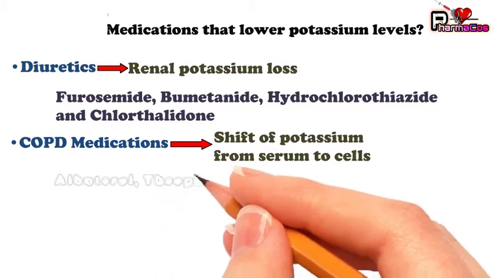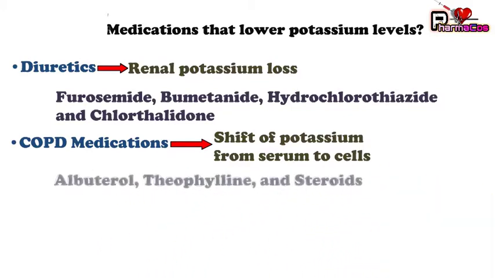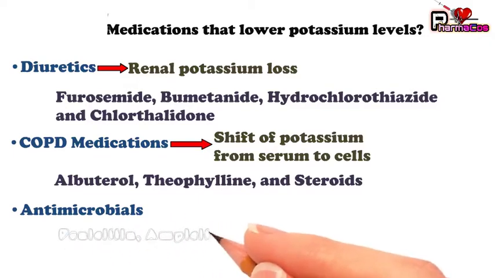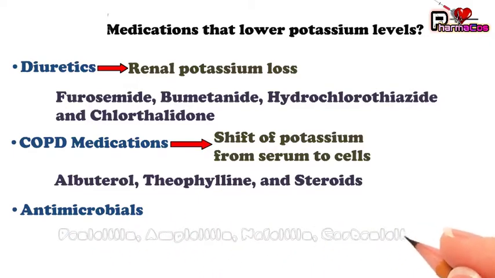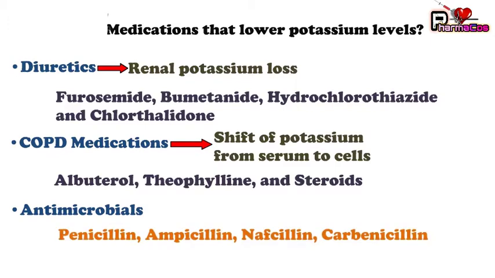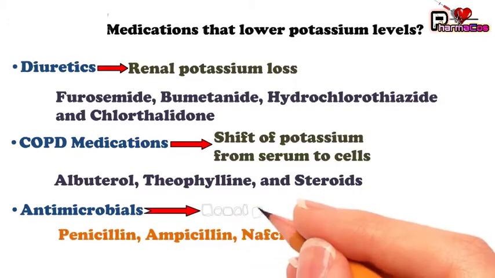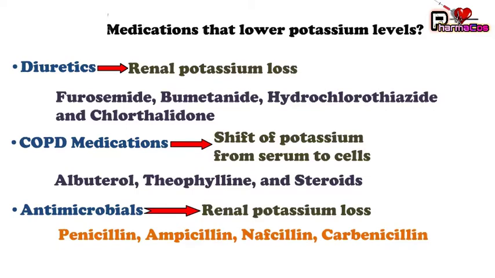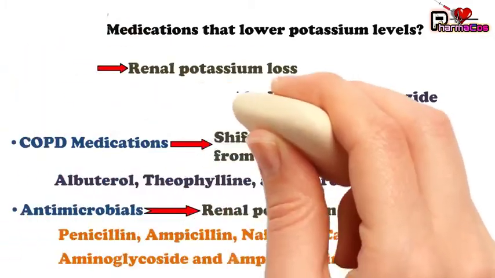Albuterol, theophylline, and steroids are the bronchodilators that cause hypokalemia. Antimicrobials. Antibiotics such as penicillin, ampicillin, nafcillin, and carbenicillin in high doses can induce renal potassium excretion. Such effects can occur with aminoglycoside therapy and amphotericin B also.